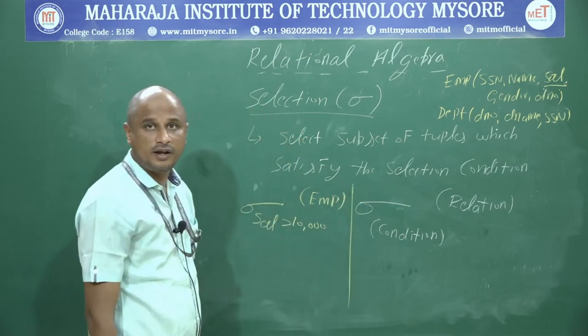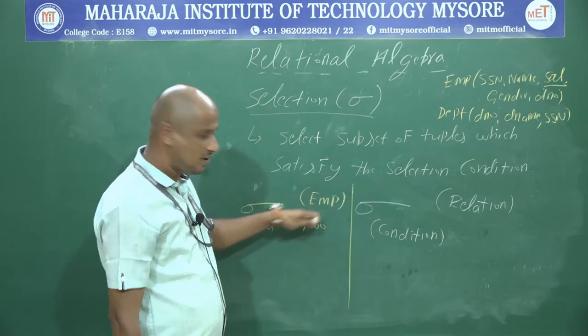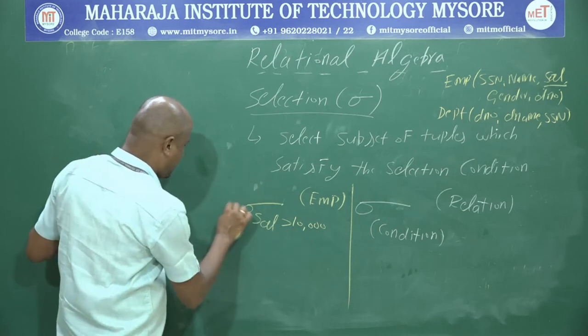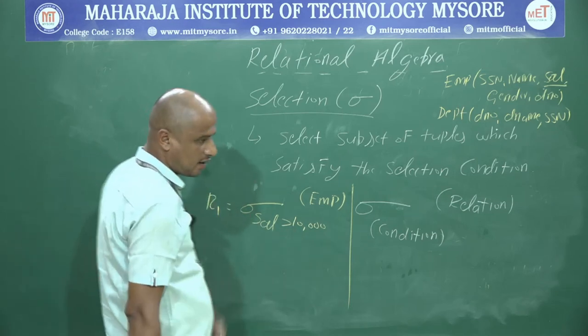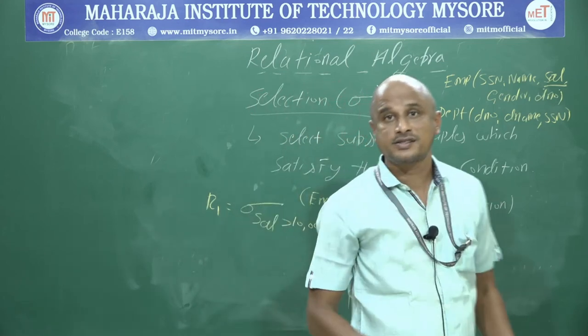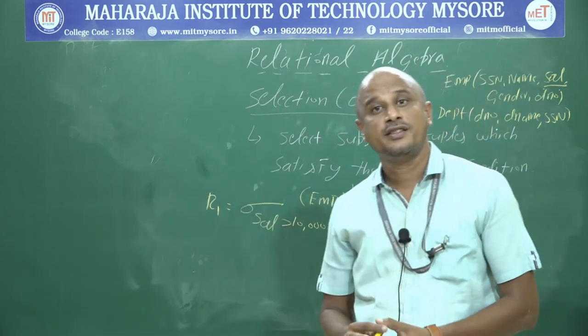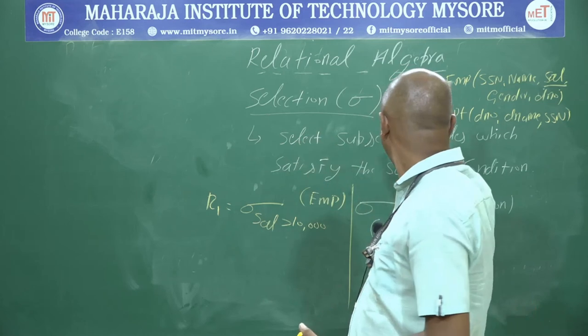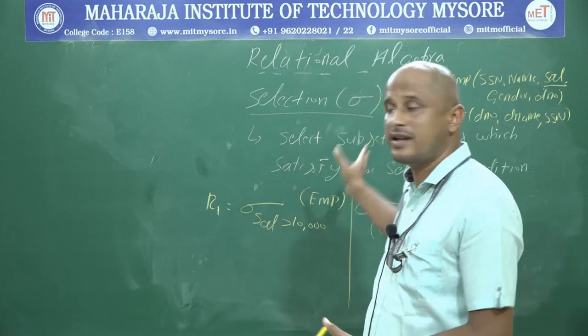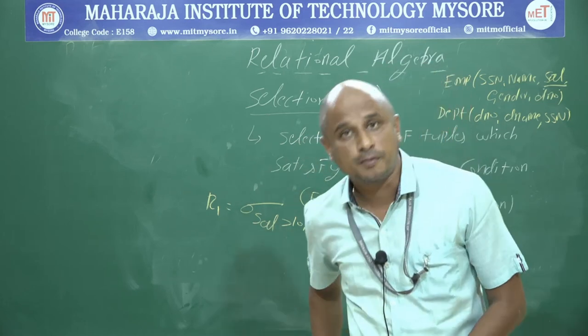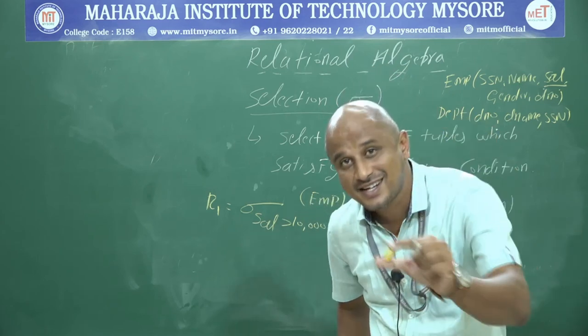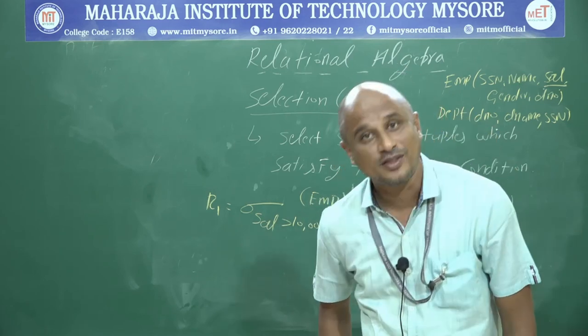So I write sigma, the condition, the employee relation, and R1. R1 contains the employee names, SSN, salary, gender, and department number of those whose salary is greater than 10,000.